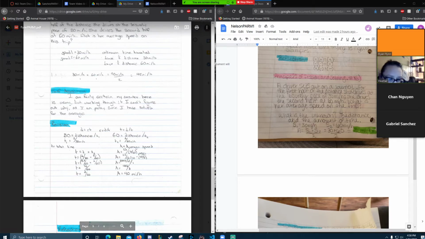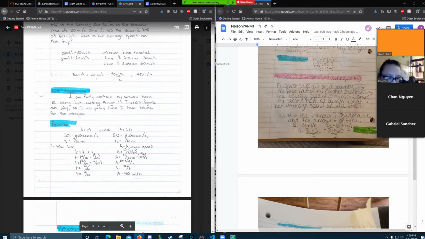So this is the R equals D over T right here, this middle one. And then I converted it to help find the time into T1 equals D over R, which is what this one is. Like I said, ignore that second T. I just miswrote it. Then you solve for T here, because you're looking for total time, so total time is just T plus T. So those are the 2 times.